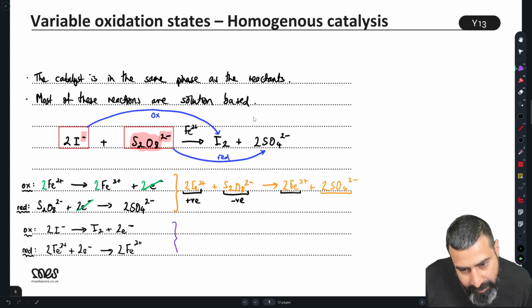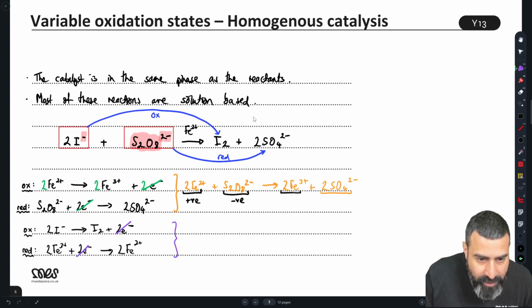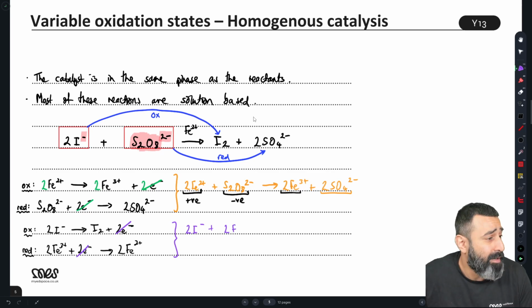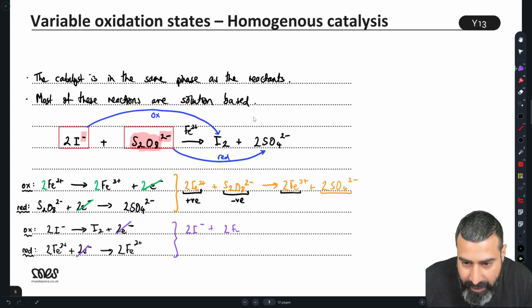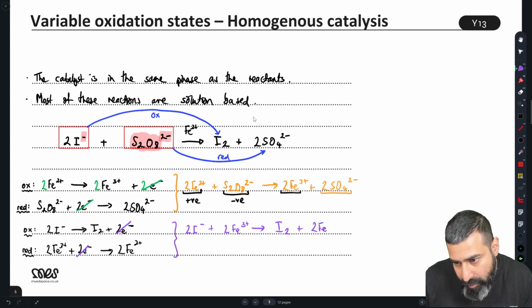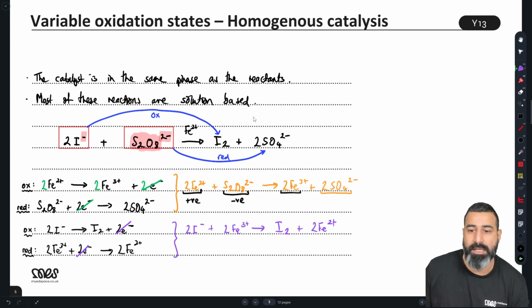Now, if I add these guys up, you'll see that my electrons cancel. So now it reacts with the iodide ions, and the iodide ions get oxidized and the Fe3+ gets reduced, forming I2 and 2 lots of Fe2+.